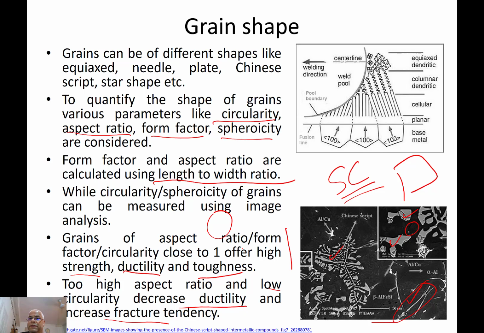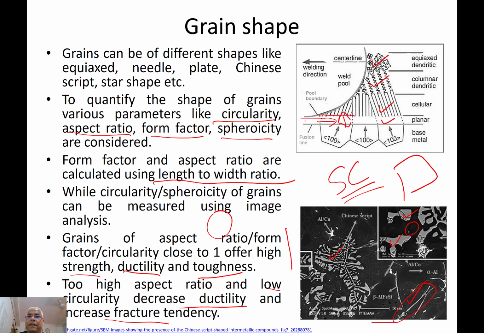As far as weld joints are concerned, we can find four types of grains: the planar one, cellular, columnar dendritic, and equiaxed dendritic. So we have to use different parameters for quantifying the size.